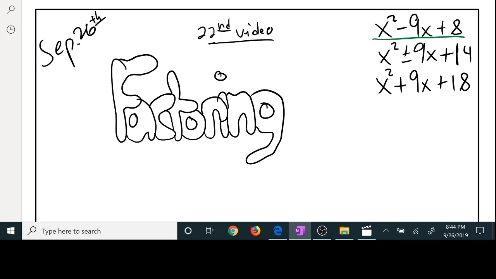So x squared minus 9x plus 8 is this one that I'll do in green, and then I'll do the plus version of this, x squared plus 9x plus 14, as well as x squared minus 9x plus 14. And then lastly, we'll do x squared plus 9x plus 18 in like a galaxy cool pink kind of color. All right, so let's just jump right in.